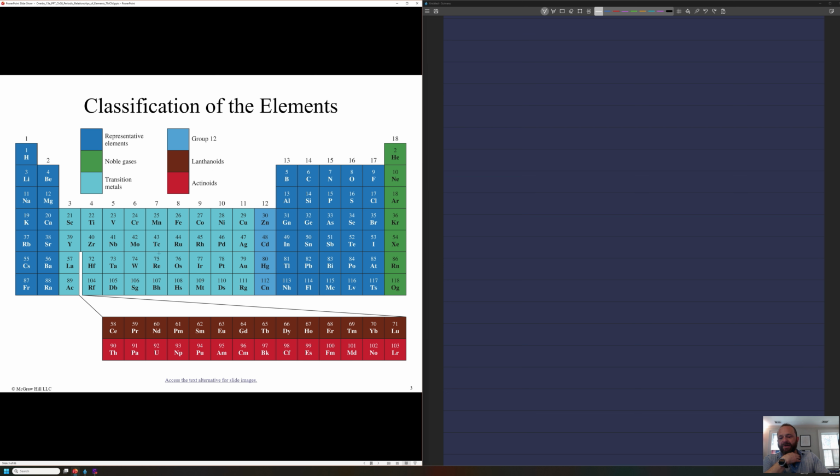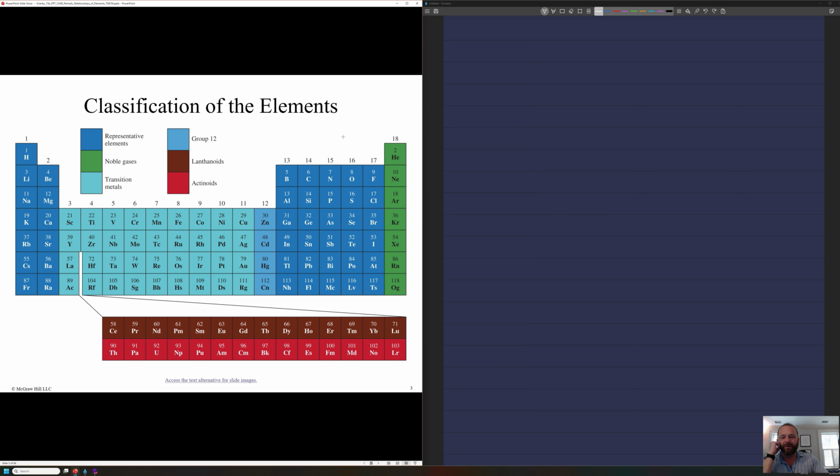So the lanthanoids, as I mentioned, and the actinoids are down here. The way this is represented is this gap right here is where we would put this section, and then the periodicity of the table continues here. But this is sort of a chunk that was taken out, and they have their own set of reactivities and such.